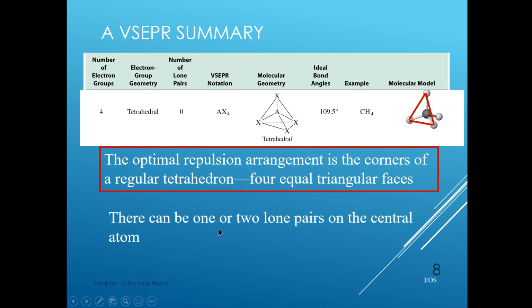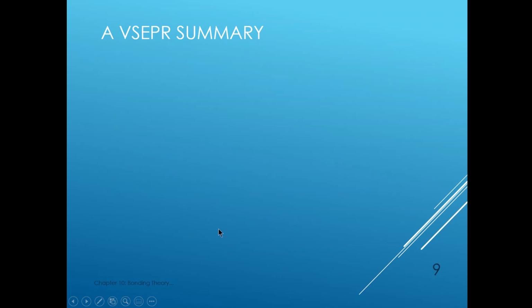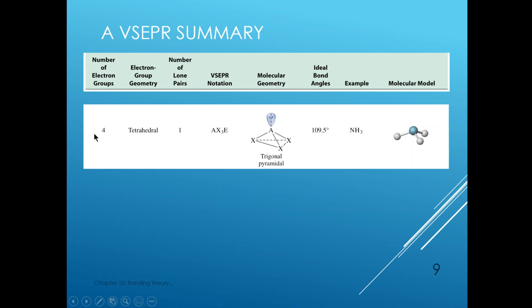All right. Now, the next example we're going to look at is where you still have 4 electron groups, but one of them is a lone pair. So this would be the VSEPR notation, and the shape adopted by this molecule would be not tetrahedral, but trigonal pyramidal. If you compare this to the tetrahedral, you see that the difference is that where there's a bonding pair of electrons here connecting the A to the X, there's a lone pair here.